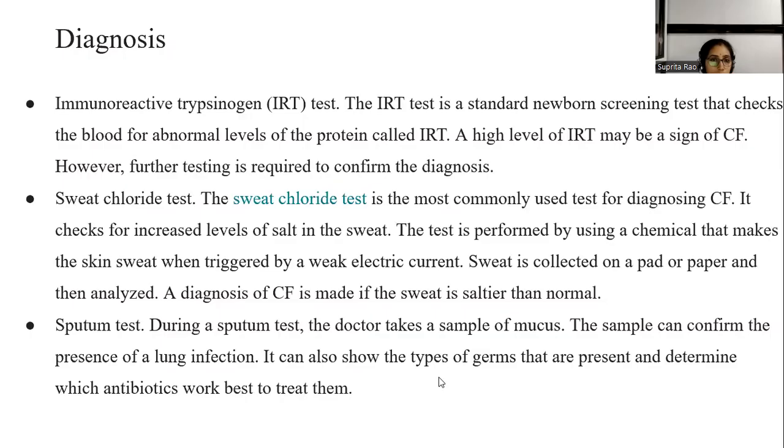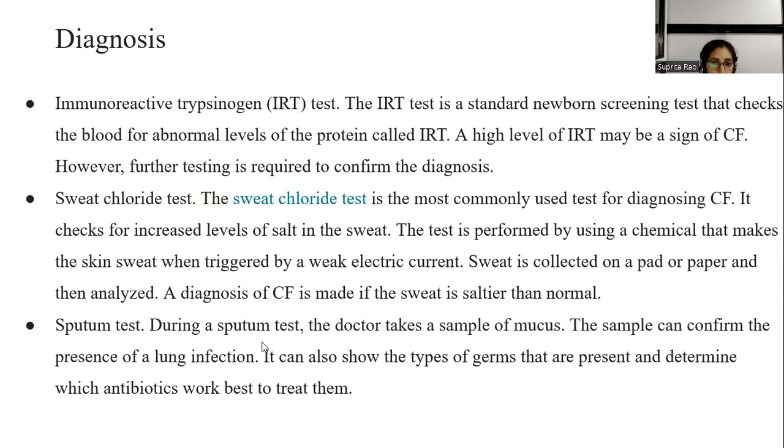Then, once we get that, what are the things we're supposed to do? We also have the immunoreactive trypsinogen test for newborns. In this test, trypsinogen is quite high in cystic fibrosis patients, so we directly check for this protein. If it is very high, that is an underlying indicator, but not a confirmatory test.